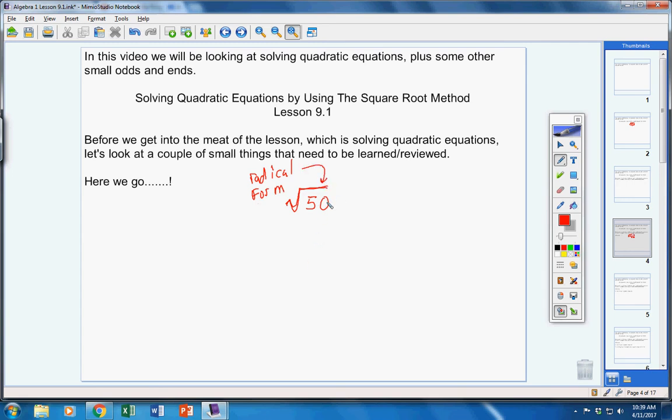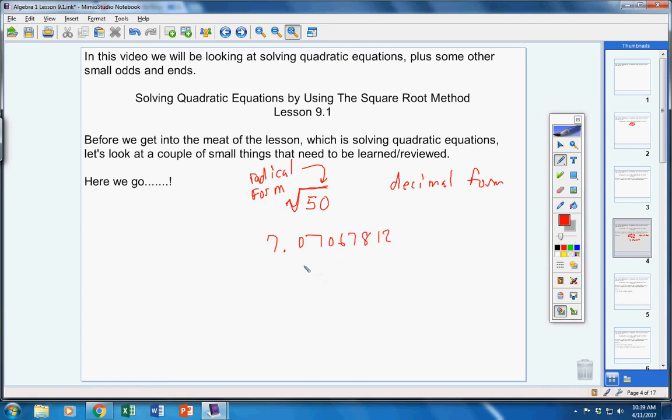Now, if I asked you to write your answer in decimal form, then you would take your calculator and type in the square root of 50, which I'm doing right now with my calculator, and I'm getting 7.071067812.